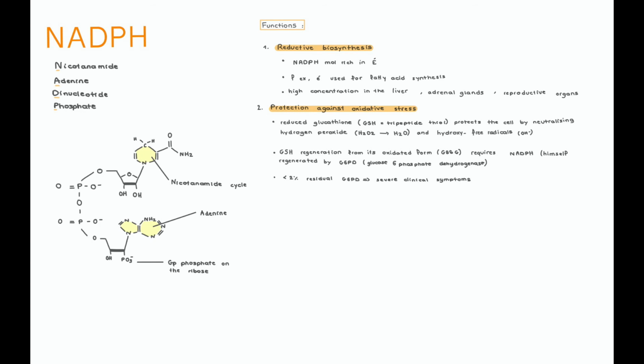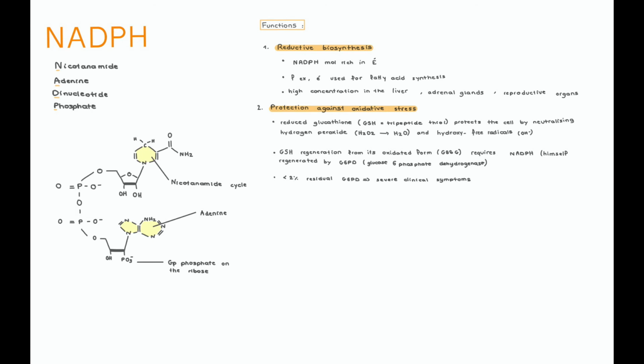Okay, so I wanted to do a little segment on NADPH. NADPH stands for nicotinamide adenine dinucleotide phosphate. And I've drawn the molecule for you here and labeled the corresponding parts. What are this molecule's functions? So there are two main ones. The first one is reductive biosynthesis. Remember, we talked about this early on.